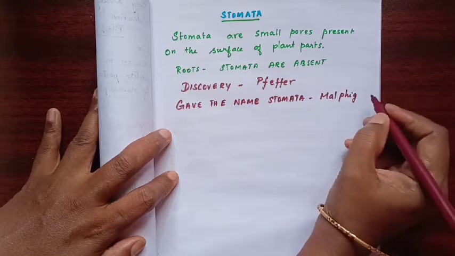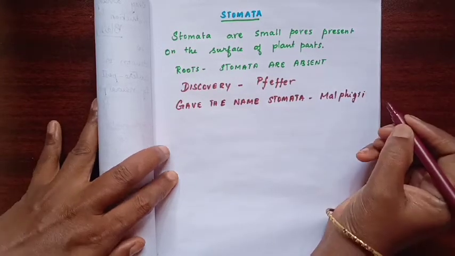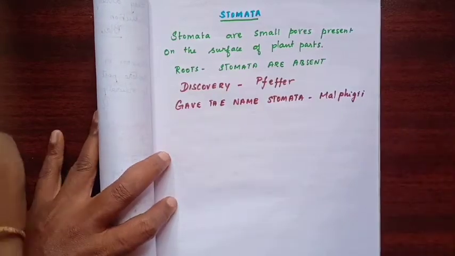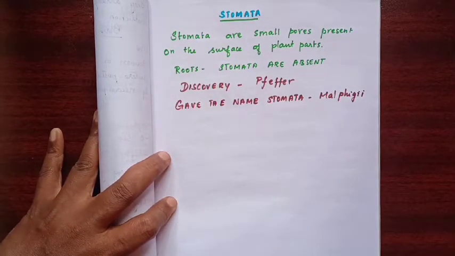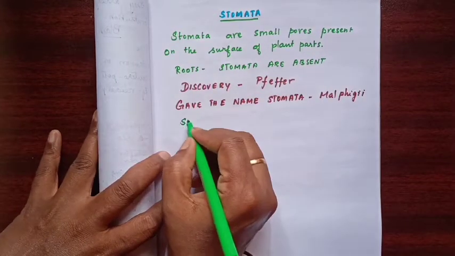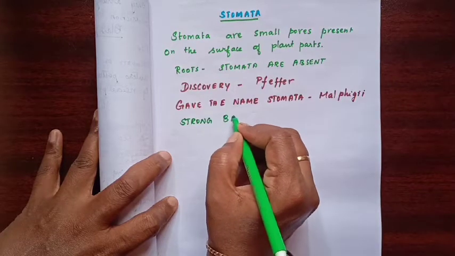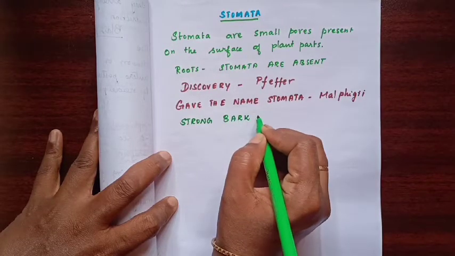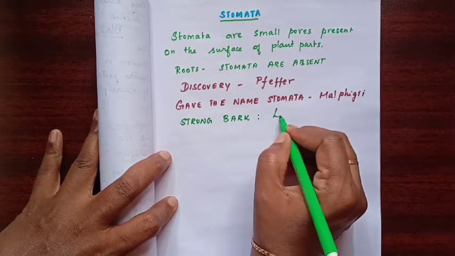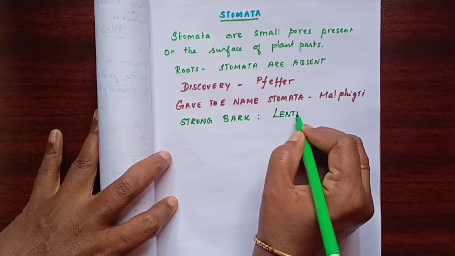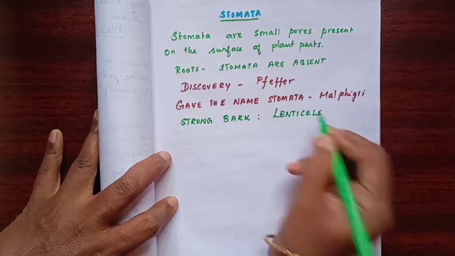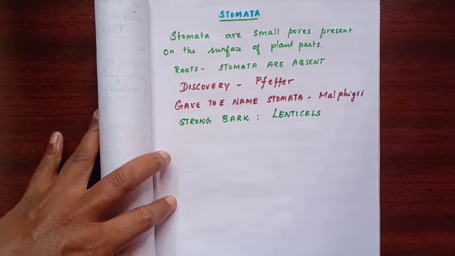He is the person who gave the name stomata. So in roots, stomata are absent. Likewise, if you see in strong bark of the tree, strong bark of the tree also have pores in them. They are called lenticels.